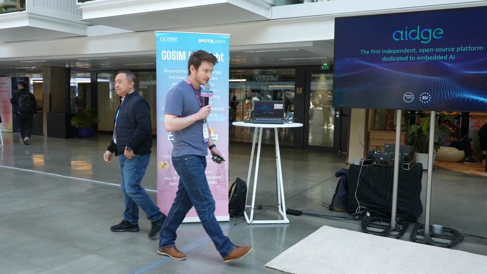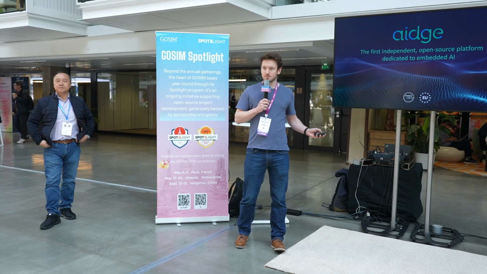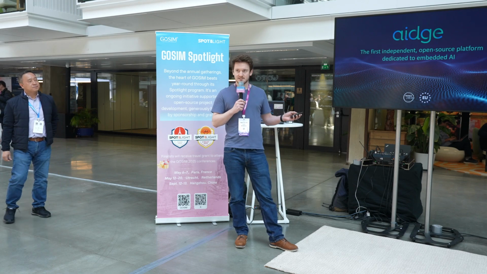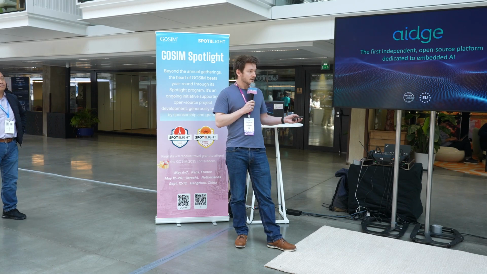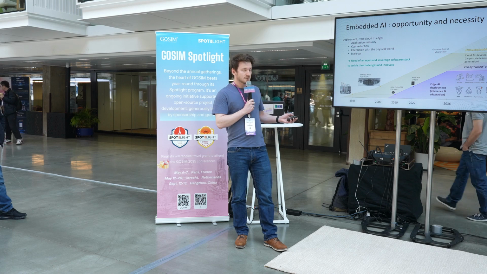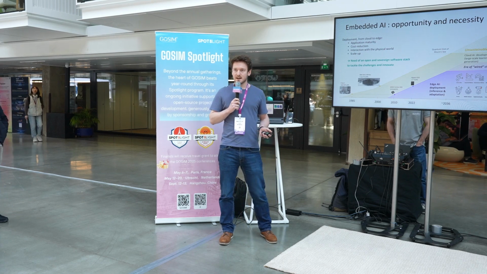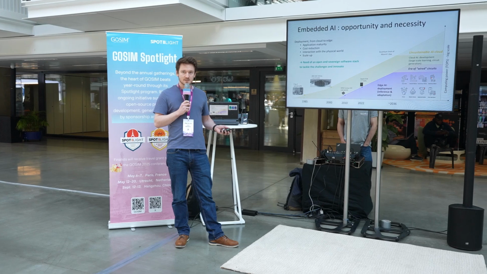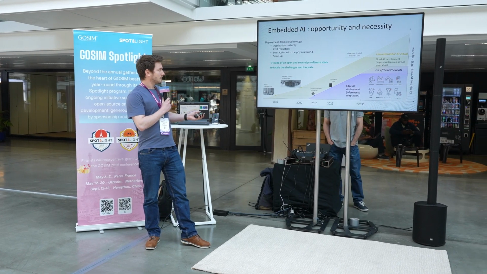So, hello everyone. I'm gonna present you Aidge, which is an open source platform that has been hosted by Eclipse Foundation. In today's day and age, AI is becoming more and more advanced and more mature.